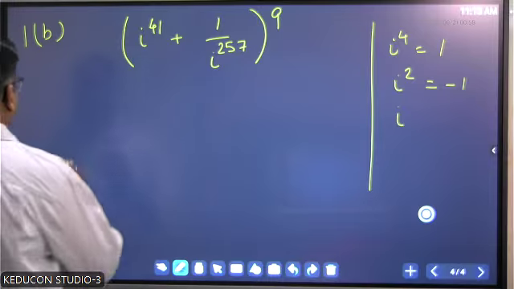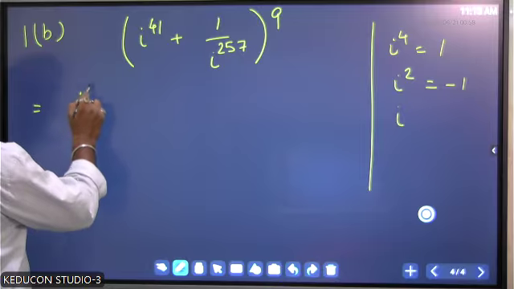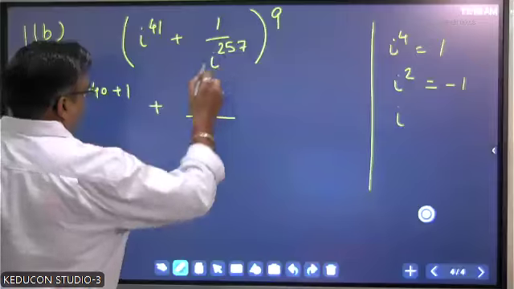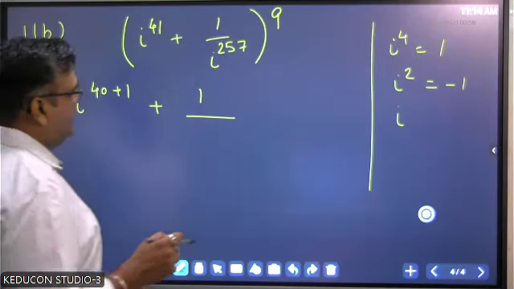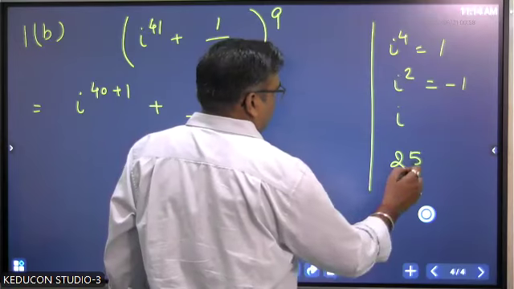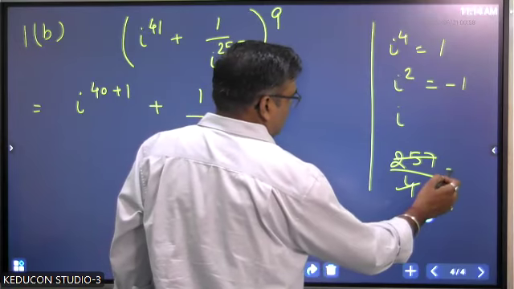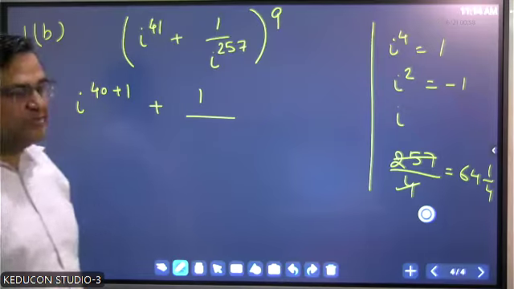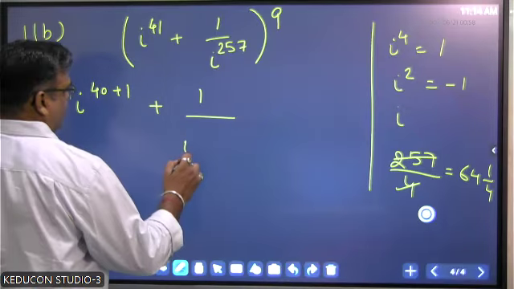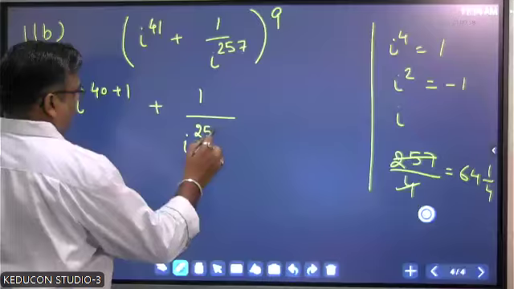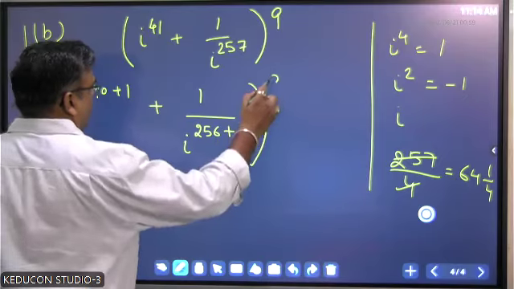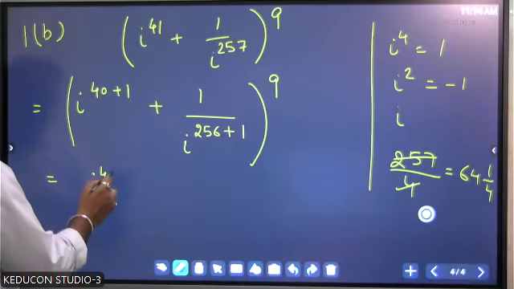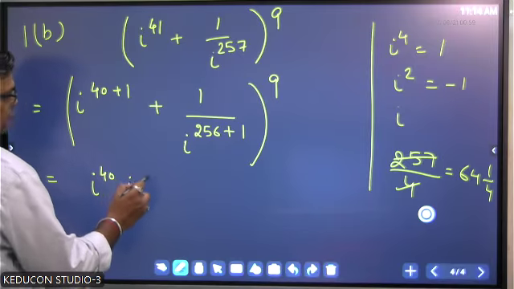See students, i to the power 41 can be written as 40 plus 1, a multiple of 4 plus 1. Similarly, if you divide 257 by 4, the remainder is 1. So this can be written as i to the power 256 into iota raised to power 1.